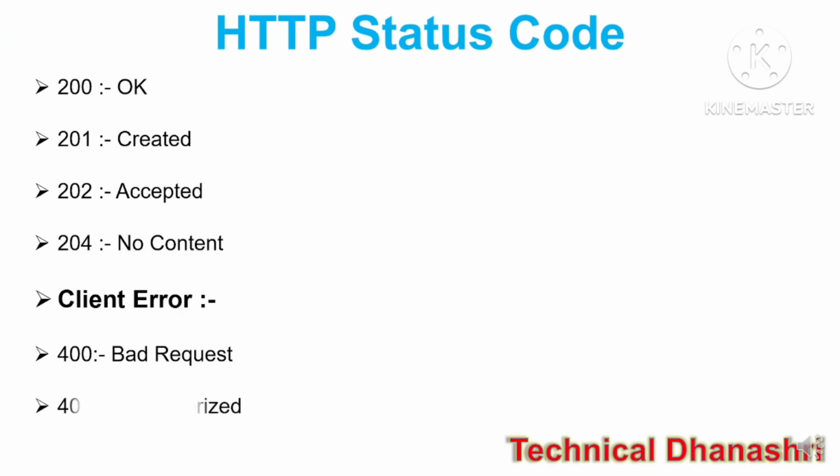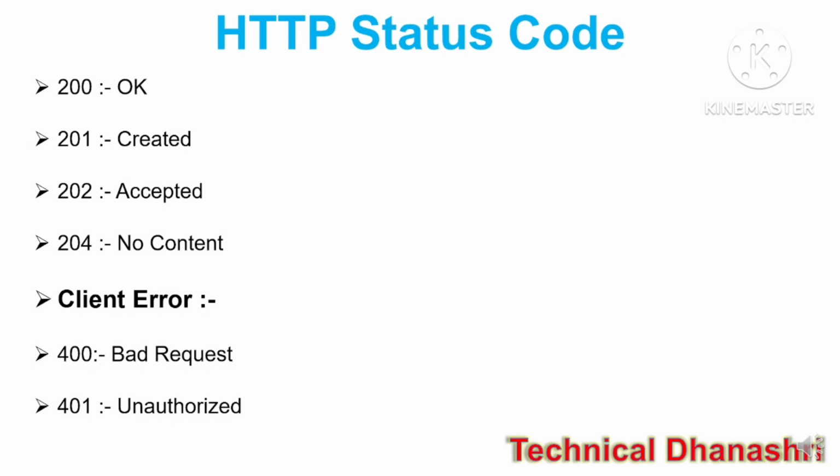The next status code is 401. It is for unauthorized. If you are trying to log in through an API, let's take the example of the Facebook application. If you are trying to log in to the Facebook application and you are providing a username and password which are wrong, sometimes one of them is wrong, sometimes both of them are wrong, at that time you are getting a 401 status code.